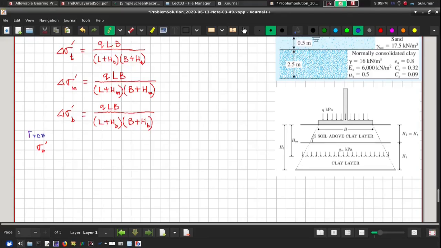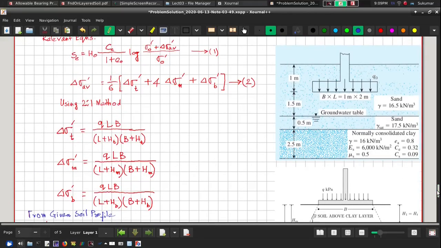From the given soil profile, I'll get sigma naught dash as effective stress. So let us see into the figure.